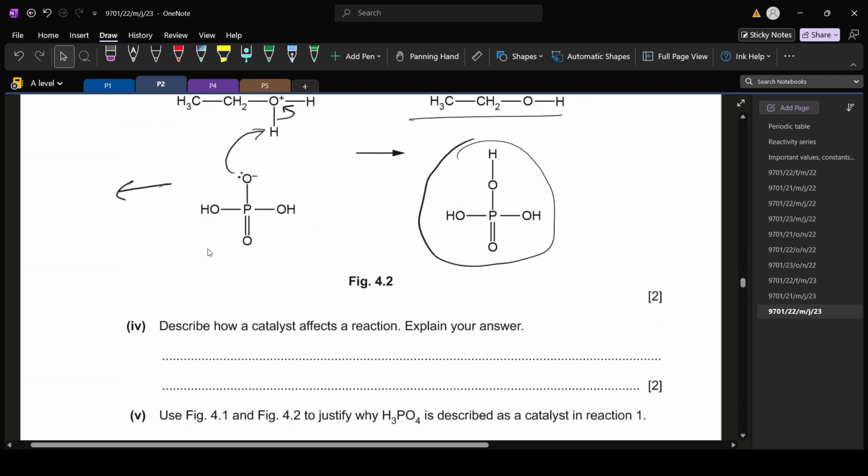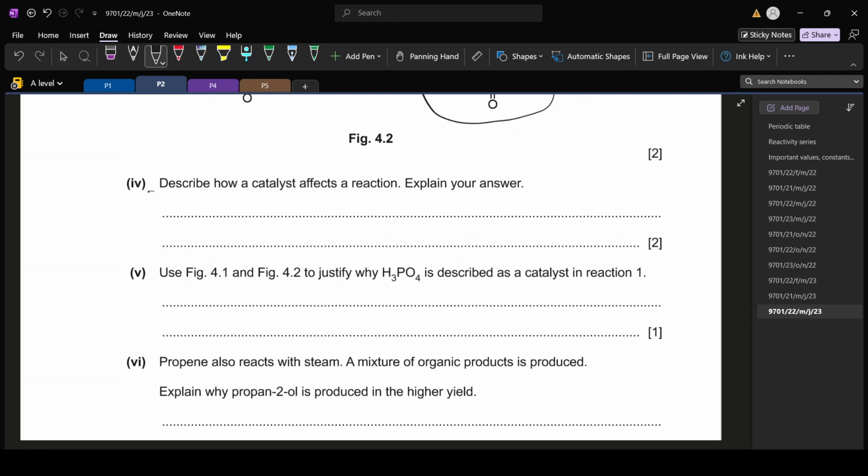Now moving towards next part 4, describe how a catalyst affects a reaction.